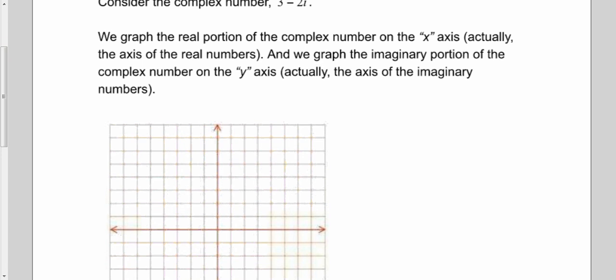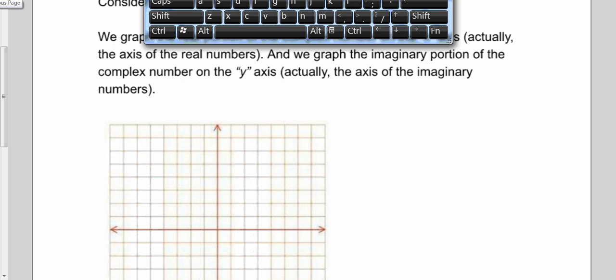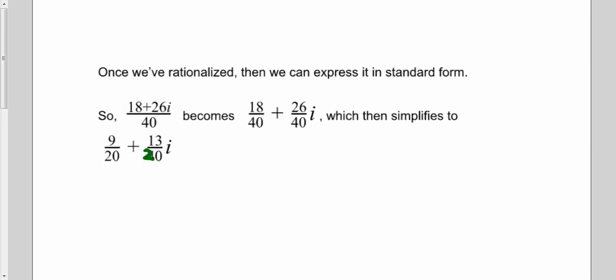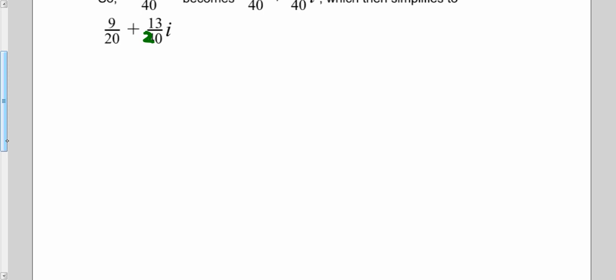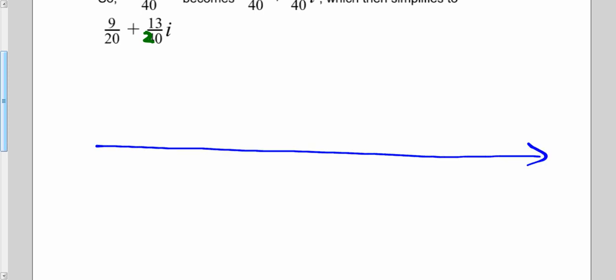All right. When I plot a real number, I put it on a number line, right?